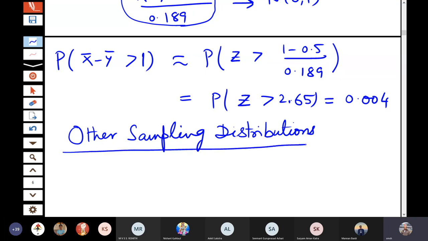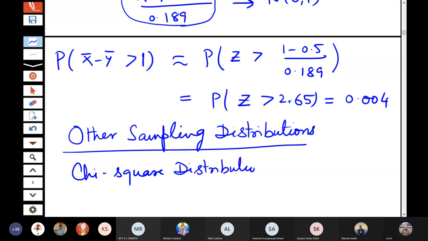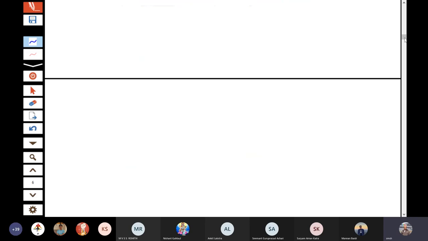The first of these other sampling distributions is a distribution named the chi-square distribution. So the symbol is chi, which is a Greek letter. So chi-square, that is the name here. So let me define it here.